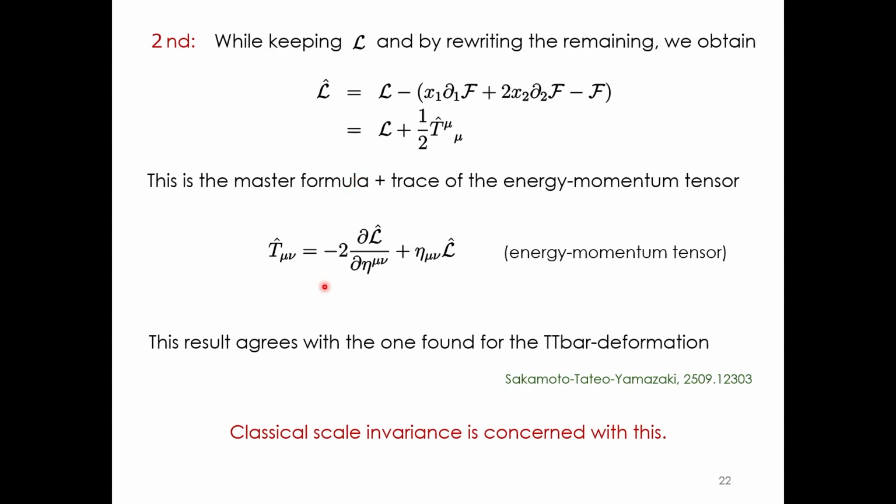But the classical scale invariance should be broken when considering dimensionful parameter deformations like TT bar deformations. So that's why we need to add this term like this. The appearance of this term should be closely related to the fact that the four-dimensional Chern-Simons action is classically scale invariant. This observation was made in this paper.